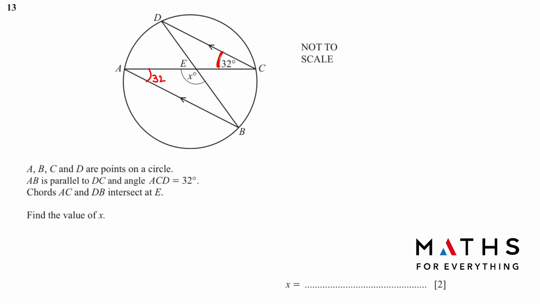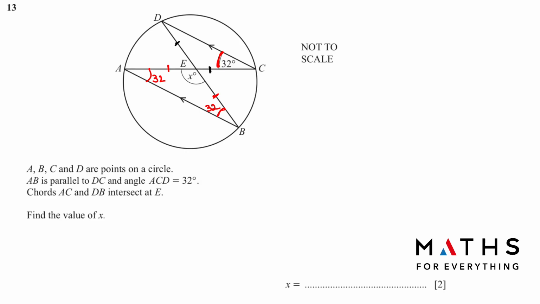Next, this is a radius and this is a radius. It means those two sides are equal. Same here, this is a radius and this is a radius. If two sides are equal, the opposite angles will also be equal, so this is going to be 32.